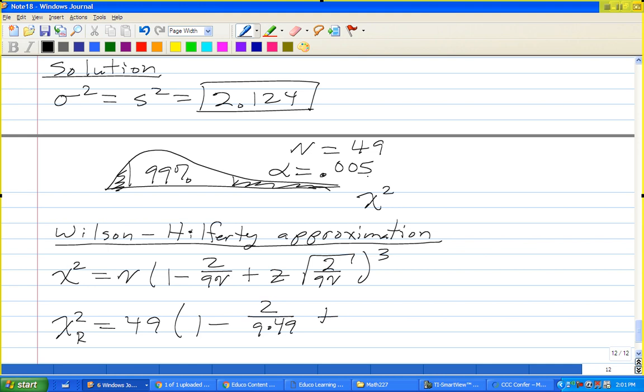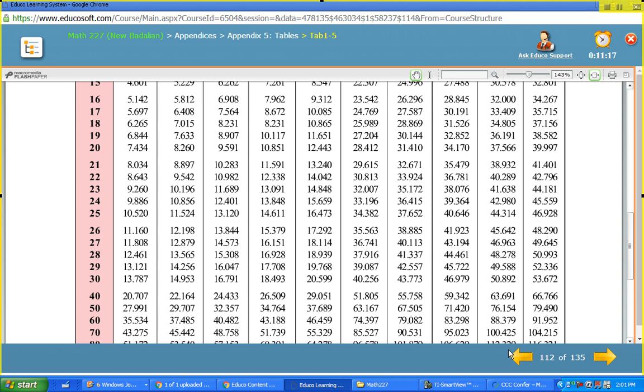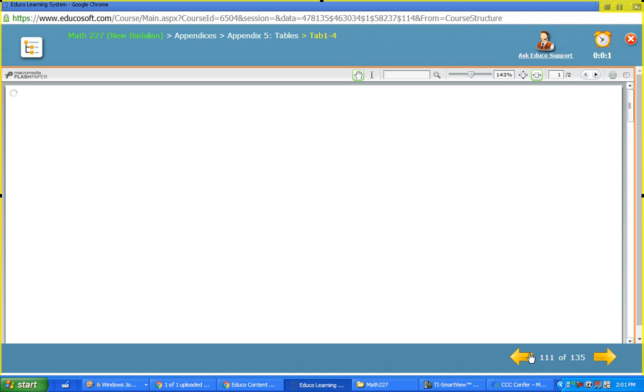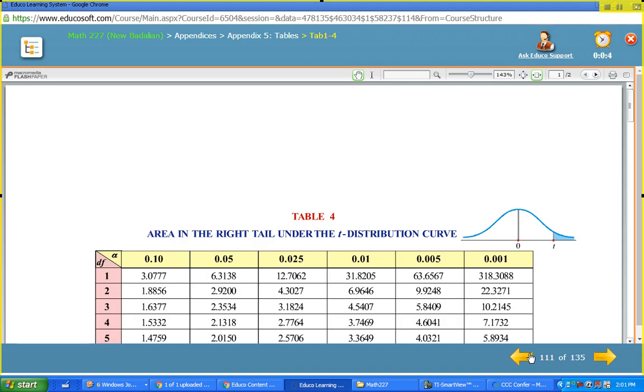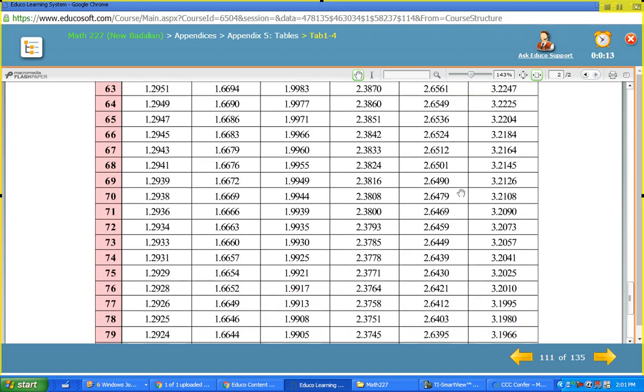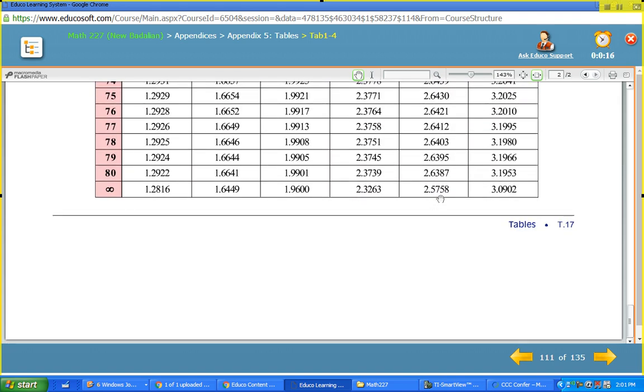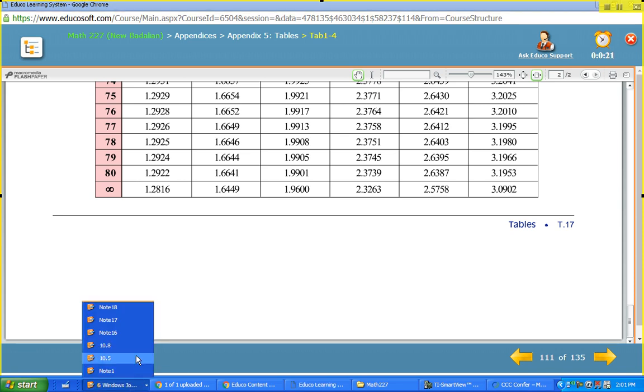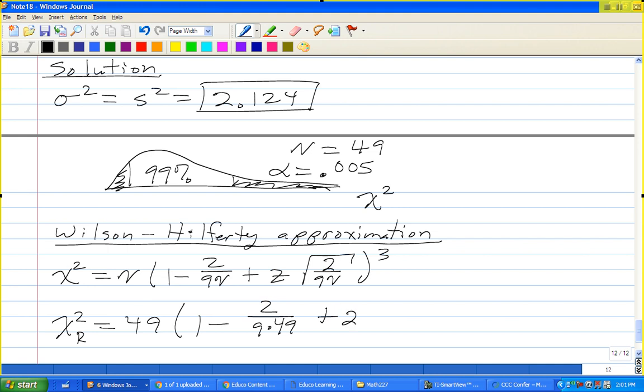So this is 0.5% on the tail, 0.005, the z-table, and I get 2.5758.